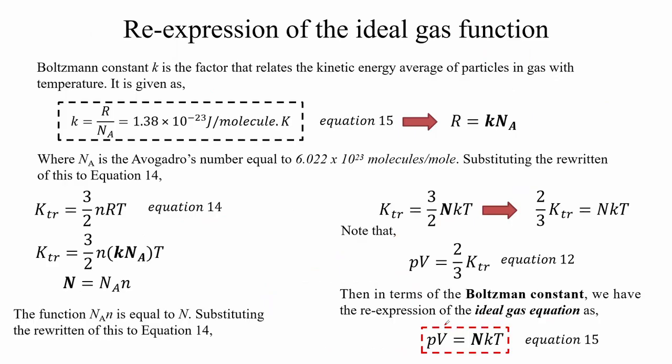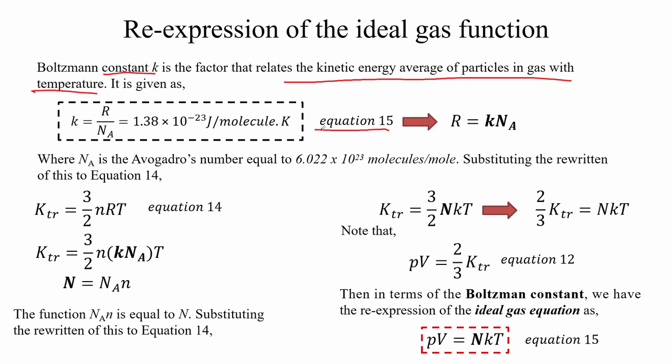Here we will do some rewriting of the ideal gas equation. The Boltzmann constant, denoted by k, is the factor that relates the average kinetic energy of particles in a gas with temperature. Here we rewrite the ideal gas equation to incorporate this parameter. The k constant is given as the ratio of the gas constant R over Avogadro's number, as shown in equation 15.